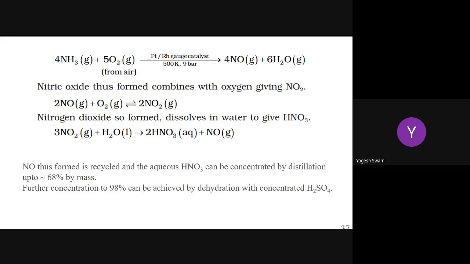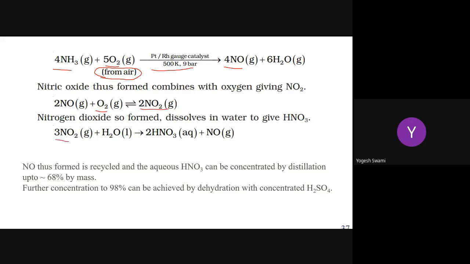Look what happens in this process. Ammonia catalytically reacts with atmospheric oxygen from air, in the presence of a catalyst, and is converted to NO. That NO again reacts with oxygen and is converted to NO2.